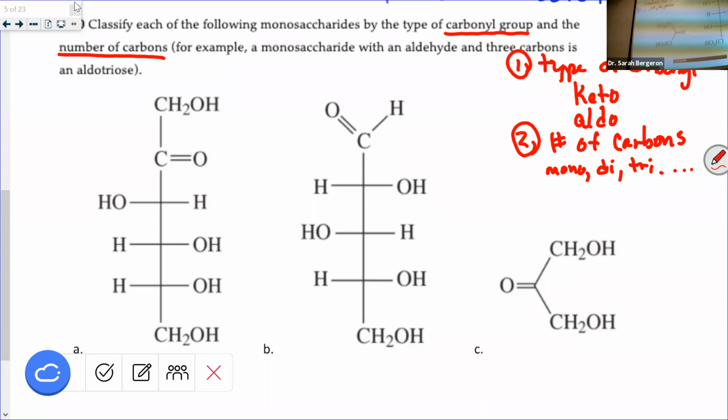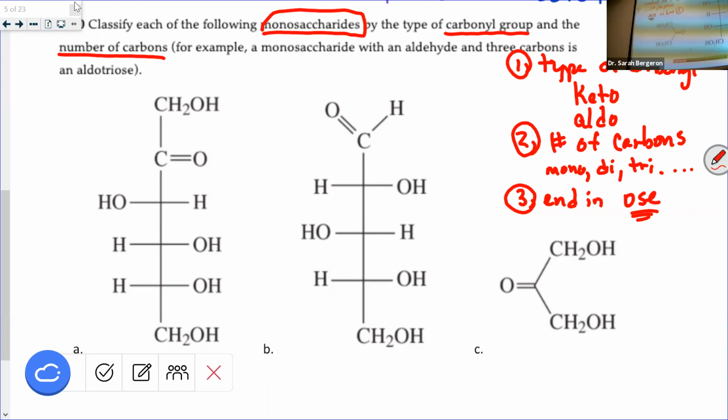And then the last thing I have to say is that this is a monosaccharide. This is a sugar. How do we say that in a name? Ose. We're going to end in O-S-E. Glucose, fructose, all of those are sugars. So we're just saying that's a sugar.